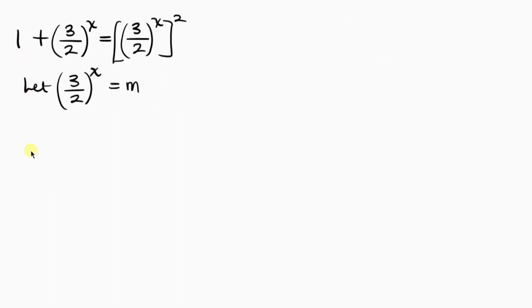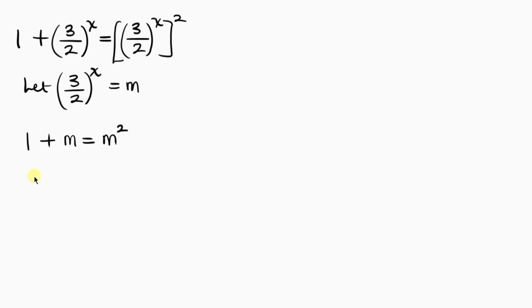So we have 1 plus, now in place of (3 over 2) to the x, I'm going to be putting m. So this becomes m equal to, this is m to the power of 2. So you notice that we have a quadratic equation. But let's arrange this quadratic equation by moving everything on the left hand side to the right hand side.